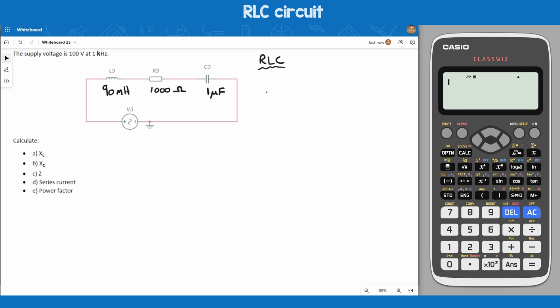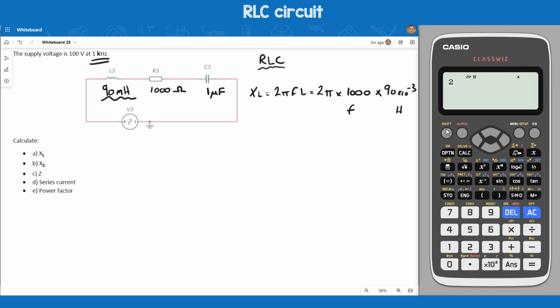So we know that XL is equal to 2 pi times the frequency times the inductor value. So that's 2 pi times the frequency, which is 1 times 10 to the positive 3, or 1 kilohertz or 1000 hertz, times the inductor value of 90 millihenries, which is 90 times 10 to the minus 3 Henry.